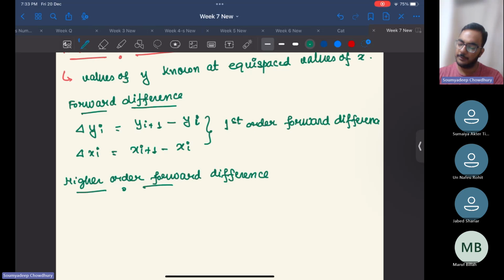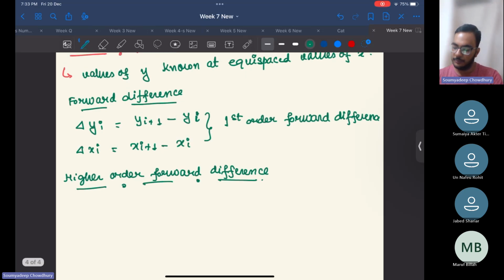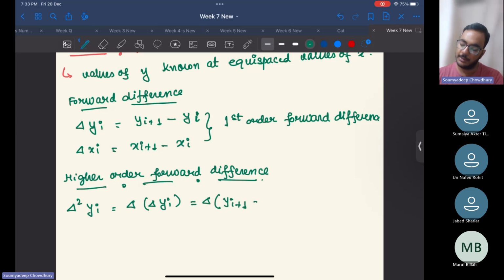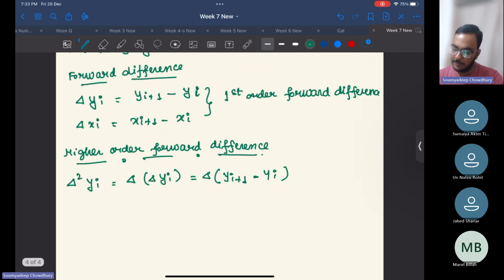We also have second order or higher order forward differences. Second order forward difference is given by del square yi. What is del square yi? It is del of del yi. Del yi is yi plus 1 minus yi. So this equals del yi plus 1 minus del yi.